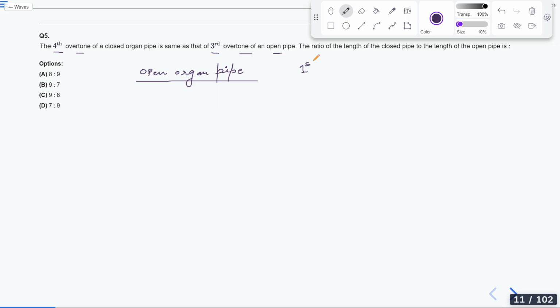First harmonic, that is the fundamental harmonic. Second harmonic, third harmonic, all harmonics are present. And that is known as the fundamental frequency.